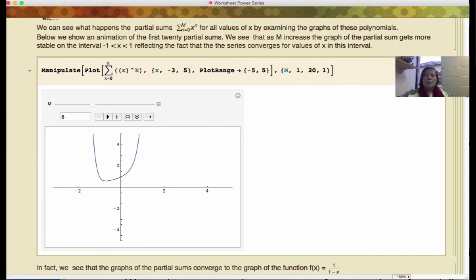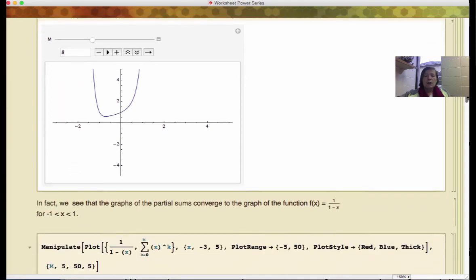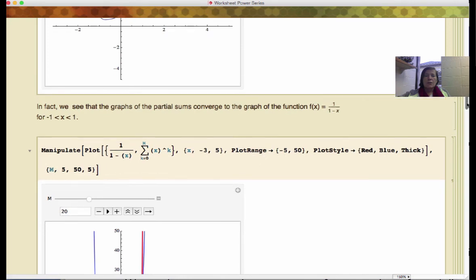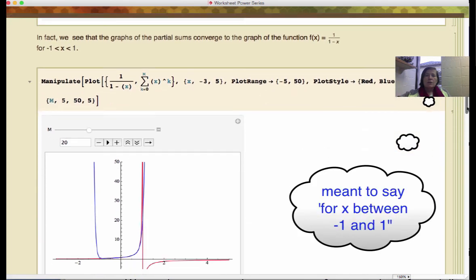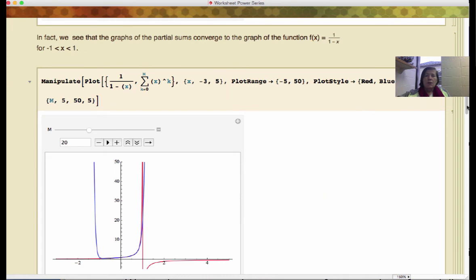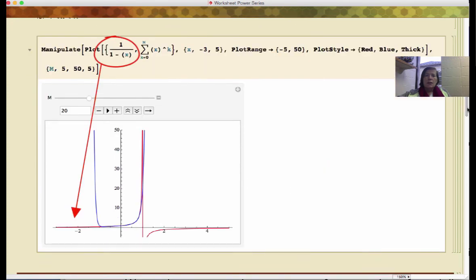And remember, for this particular series, we can actually write down the sum. So for x between -1 and 1, if we look at the function 1 over 1 minus x, then the limit as m goes to infinity of 1 plus x plus x squared, etc., plus x to the m should give us the sum of our series, which is 1 over 1 minus x.